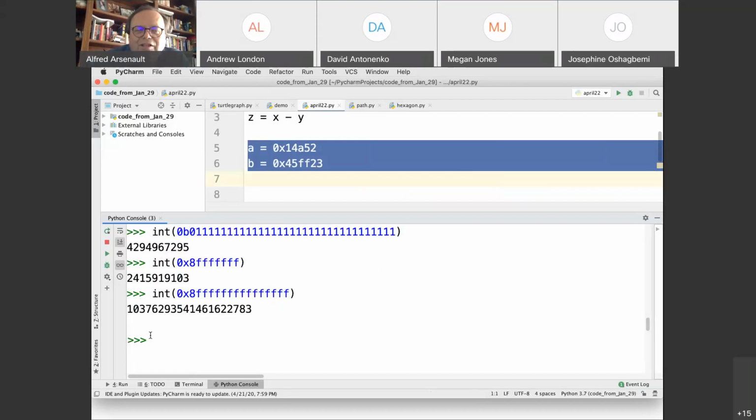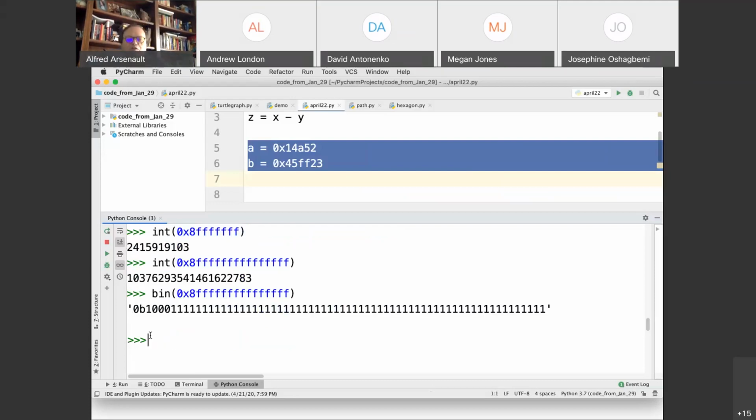So in hexadecimal, you can see how much bigger, and no, I won't try to type a string of 64 binary digits. I could convert it and say, what's the binary of 0x8? And that will tell me what that looks like.